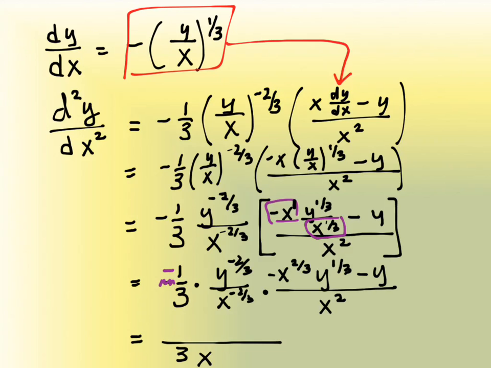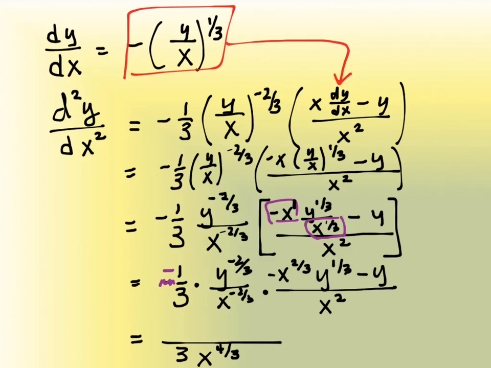X to the 4/3. Yep. All right, so we're adding negative 2/3 plus 2, and if you get a common denominator, that would be 6/3. So negative 2/3 and positive 6/3 would be positive 4/3.